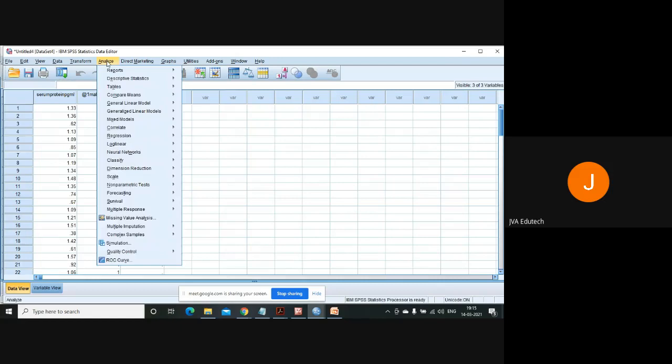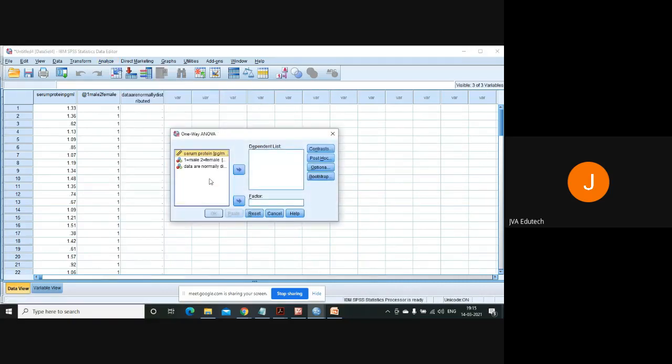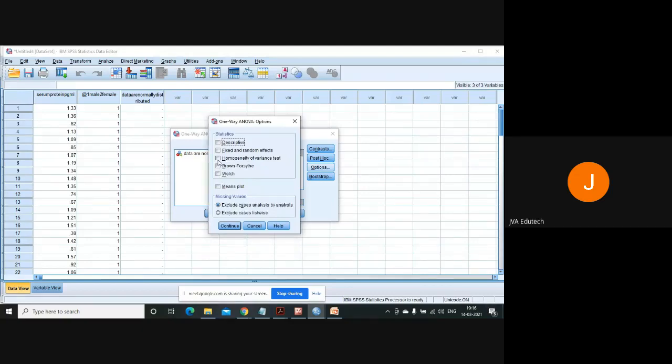So let's check. For that you go to Compare Means, One-Way ANOVA. You select the serum protein, you select your group, male and female, and go to Options. Here you will find the homogeneity of variance test.